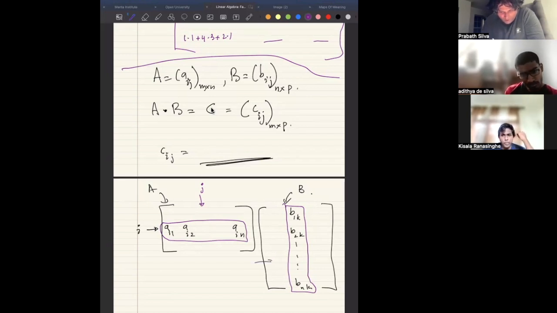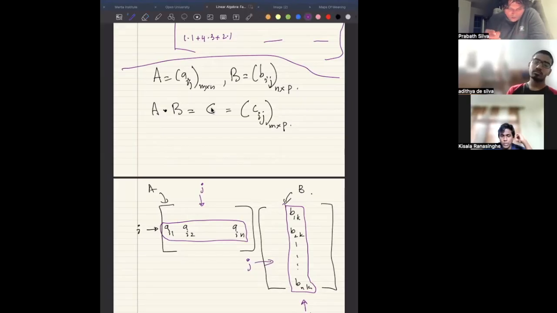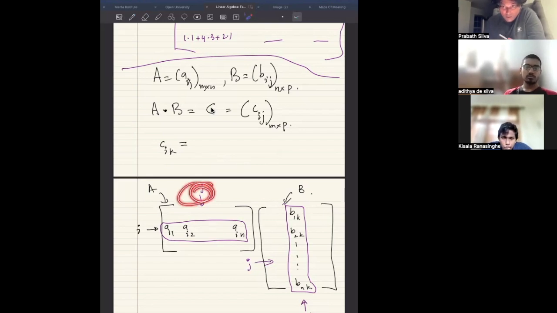Let's use this j here, and this is the kth column. So it's going to be C_ik. Now you're going to be summing over this index j. You're multiplying this with this, and this with this, and so on.